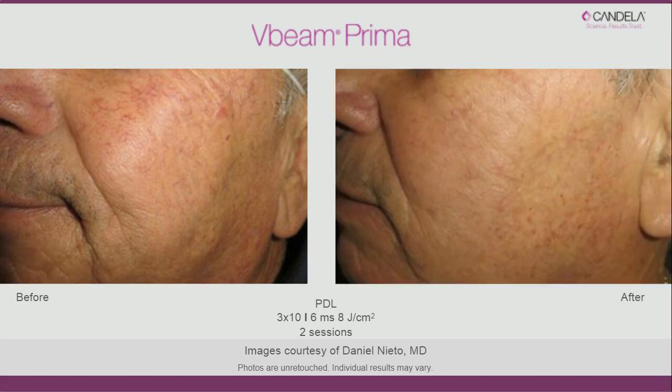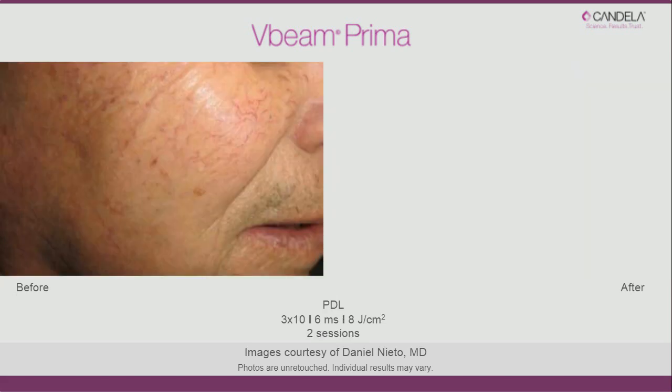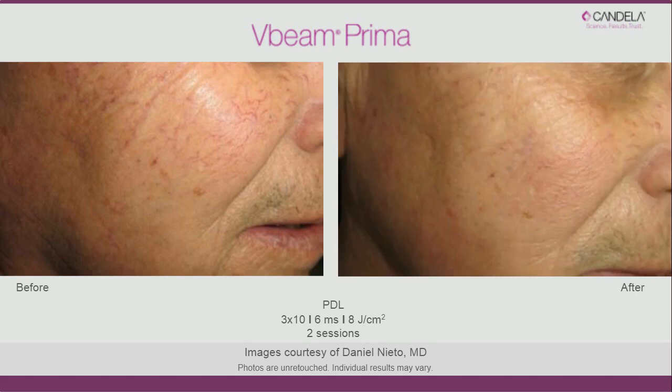But even though, after just 2 sessions, you see that most of the telangiectasia on the left cheek and also here on the right cheek has disappeared completely. And the patient is very happy with the results.